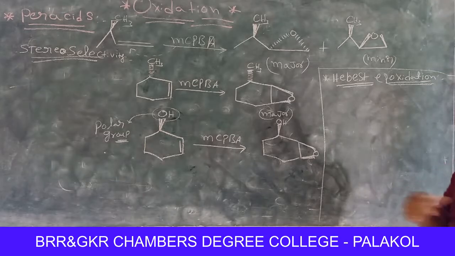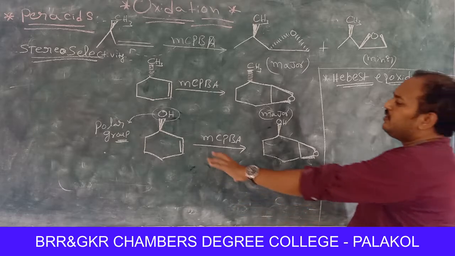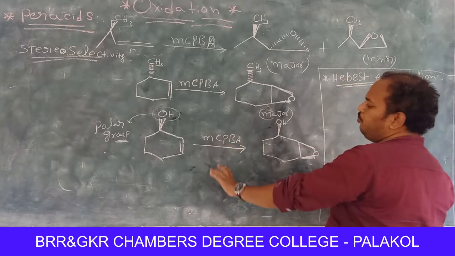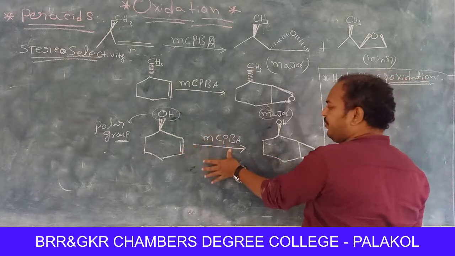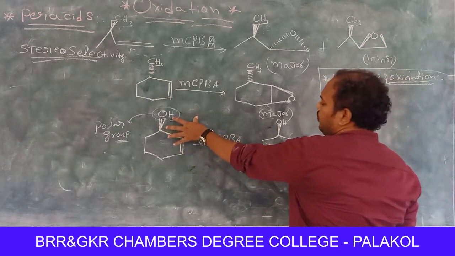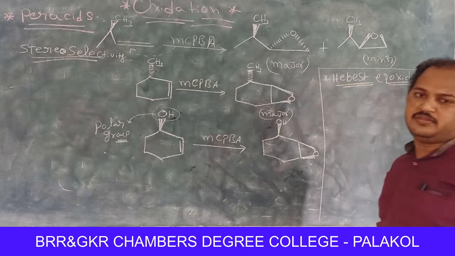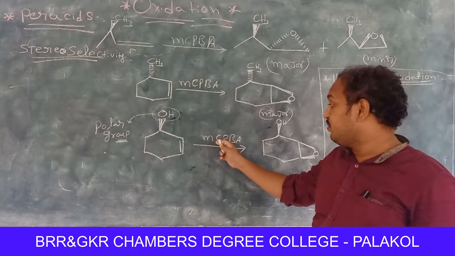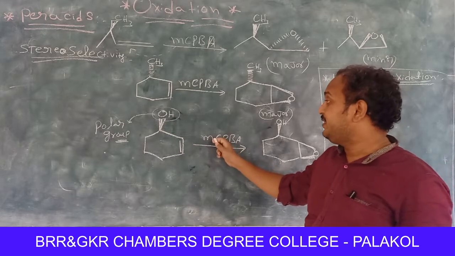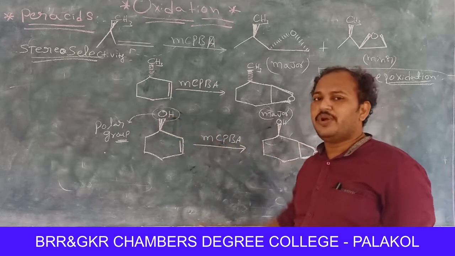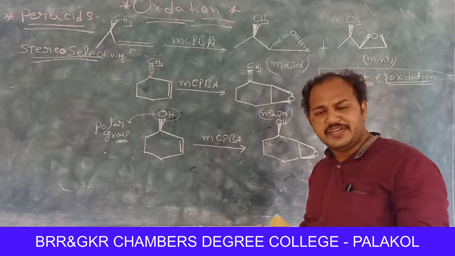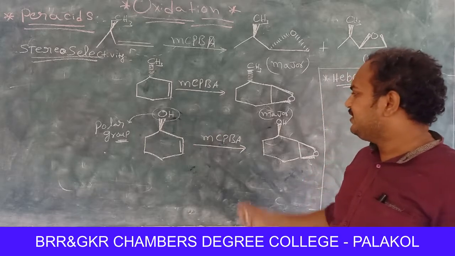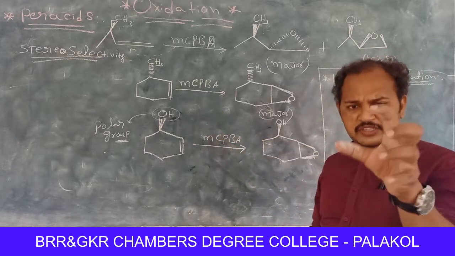After his observations, he came to know one thing. Whenever a polar group is present, before oxidation of the olefin, the OH group will capture the MCPBA. Before epoxide formation, MCPBA is coordinating with the OH, the polar group.